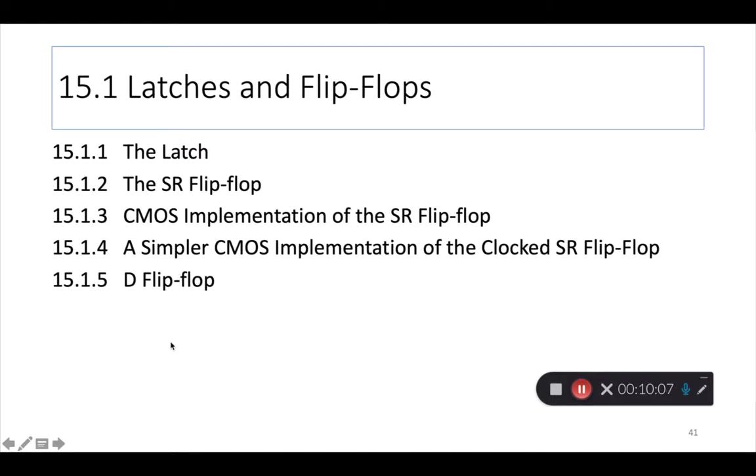Now I know there's JK and other flip-flops that we have studied in other courses, and they are in this chapter 15, but for the moment I think if we know this information, we have developed a reasonably good understanding of the basic cell in any memory system that actually holds the 0 and 1 information.